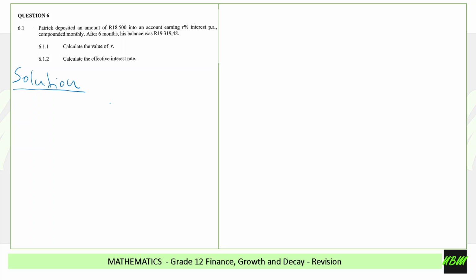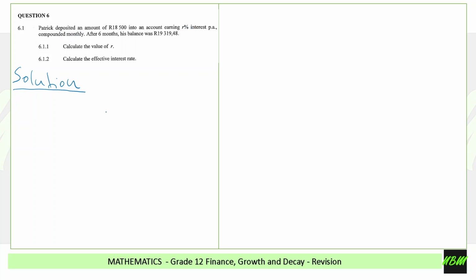If we are dealing with growth, is it a once-off investment or are we going to make regular deposits? We can see if the formula that is applicable will be the one of compound growth, since in the statement we know that the interest is compounded monthly.